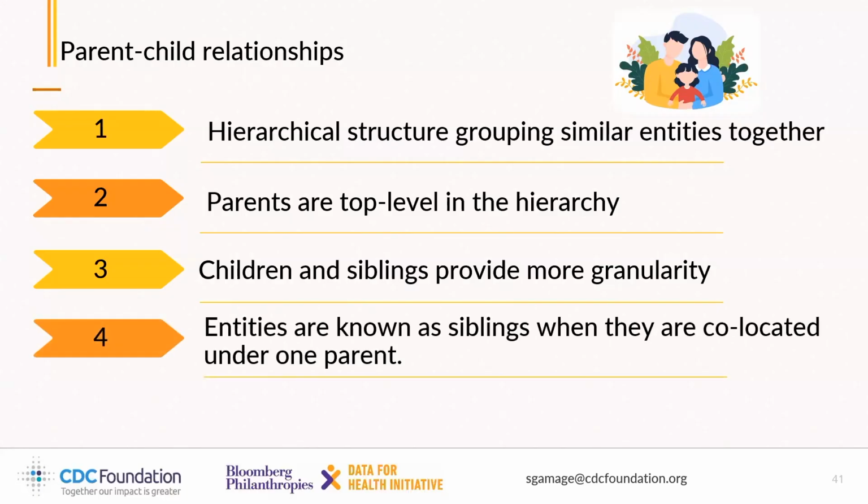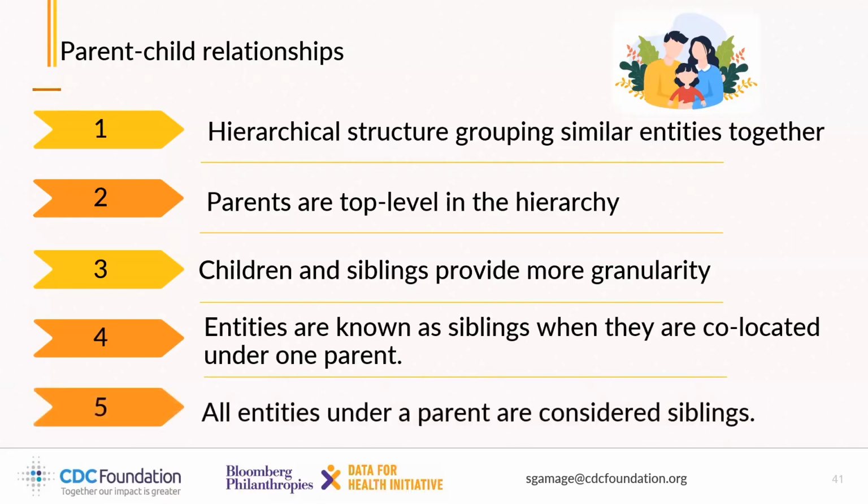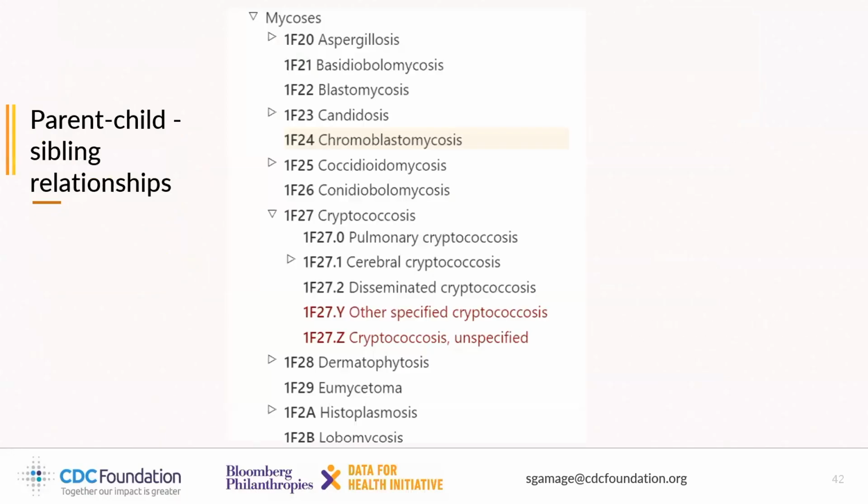Entities are known as siblings when they are co-located under one parent, and all entities under a parent are considered siblings. Let's go through this example. Now we have the parent category mycosis. Here is the parent.